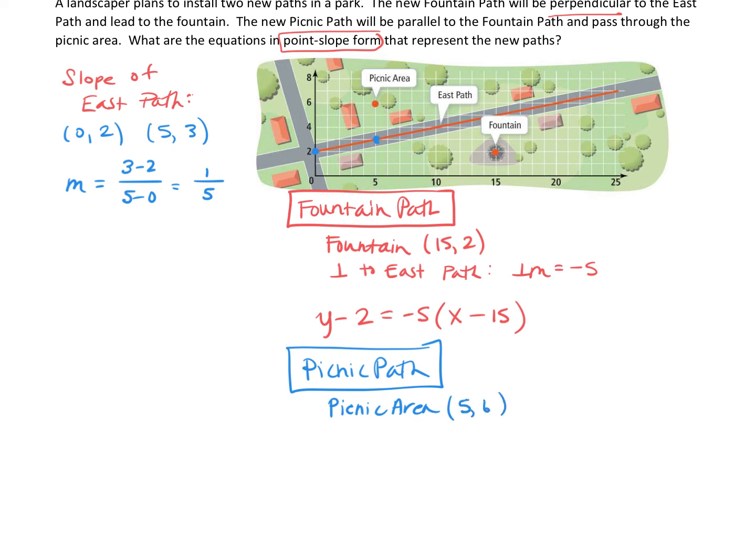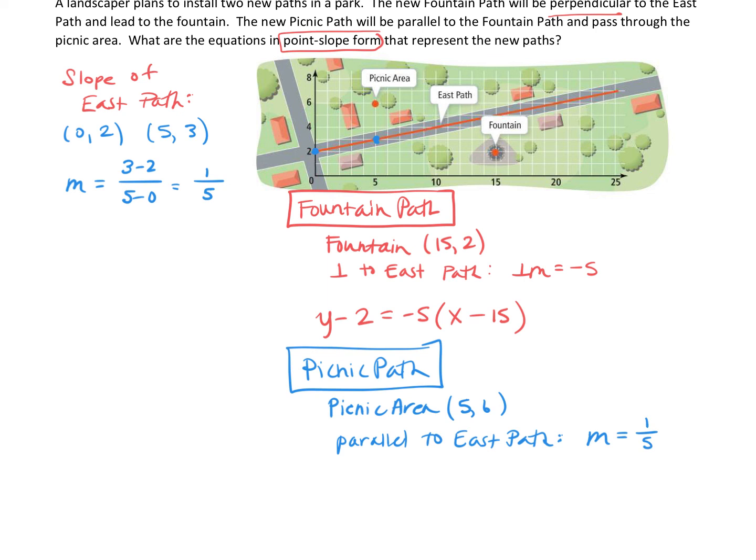And in the problem above, they said that the picnic path was going to be parallel to the east path. So parallel lines have the same slope, so we want to use the same slope as the east path, which is 1/5.